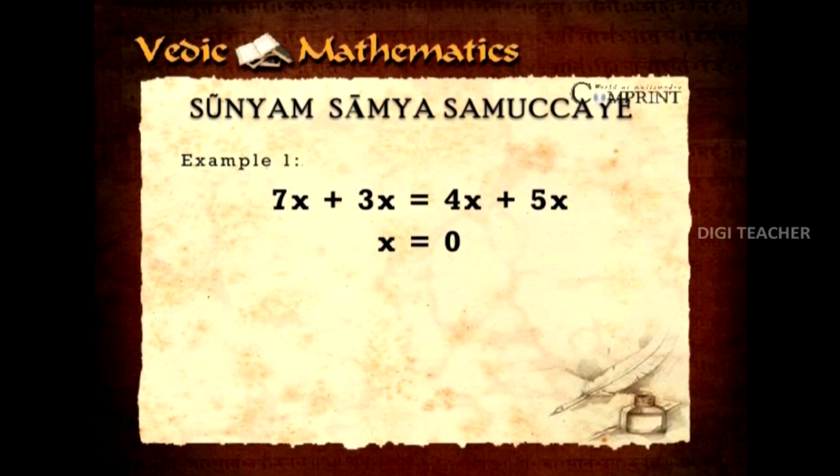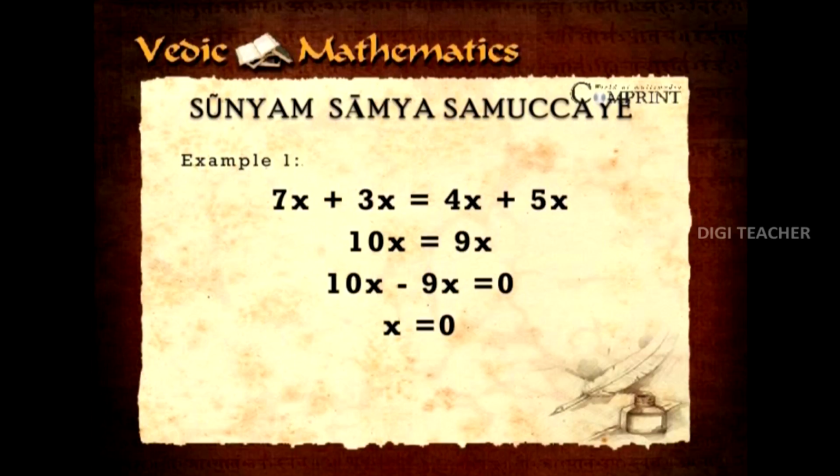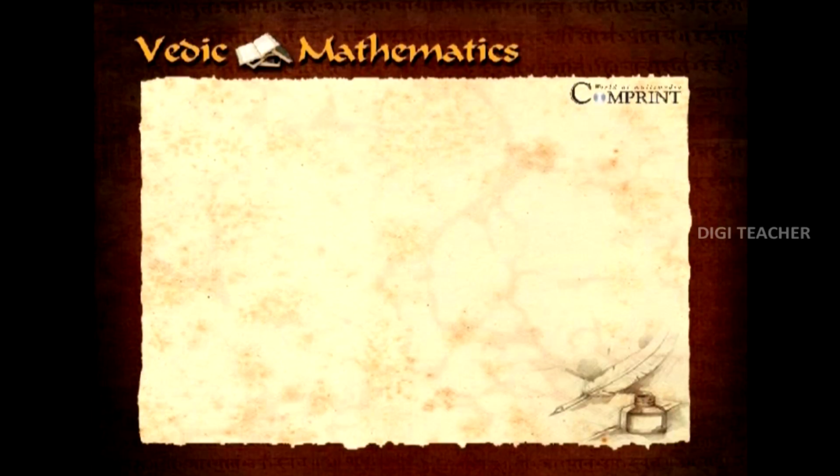Otherwise, we have to work like this. 7x plus 3x equals 4x plus 5x, which is 10x equals 9x, and 10x minus 9x equals 0. Therefore, x equals 0. This is applicable not only for x but also any such unknown quantity.